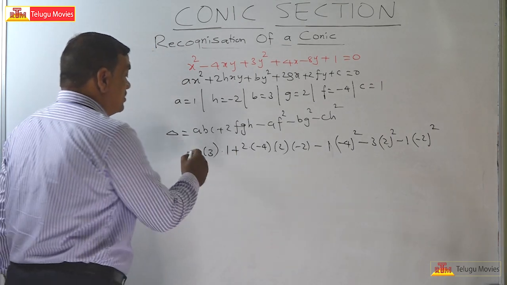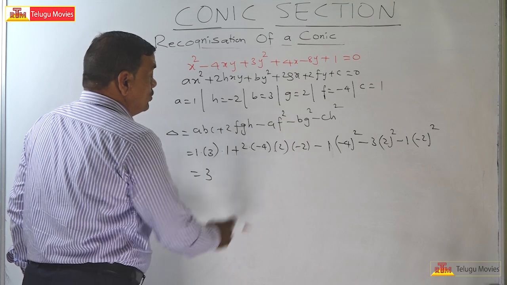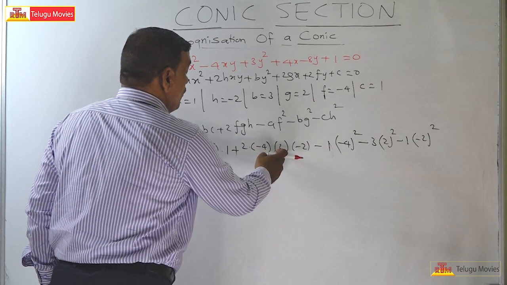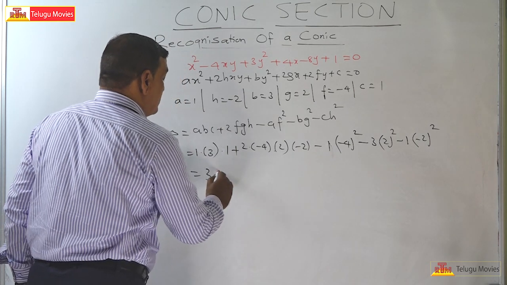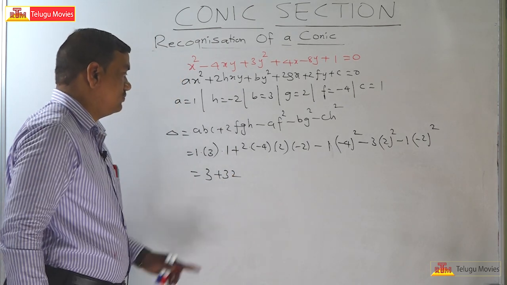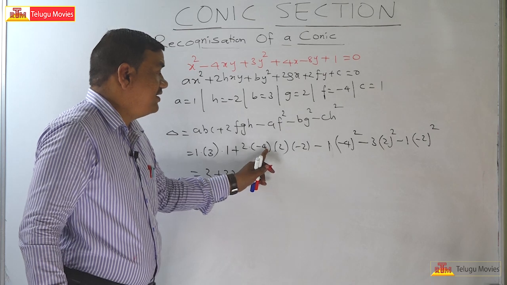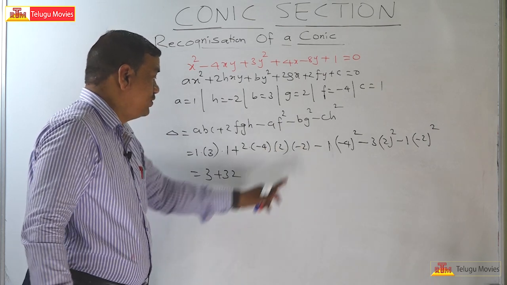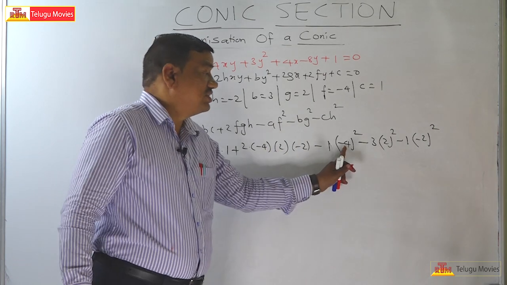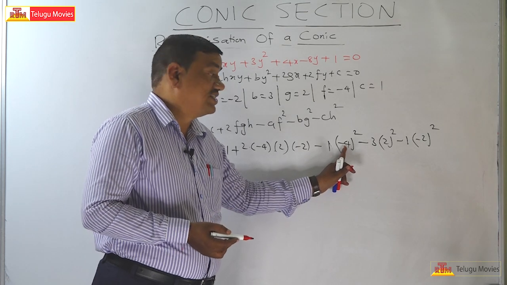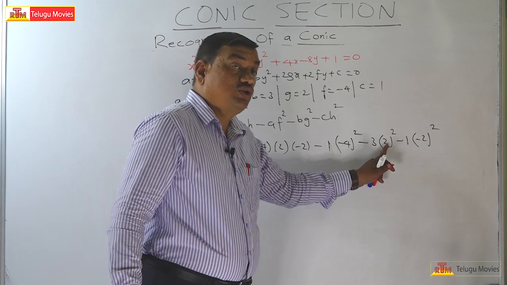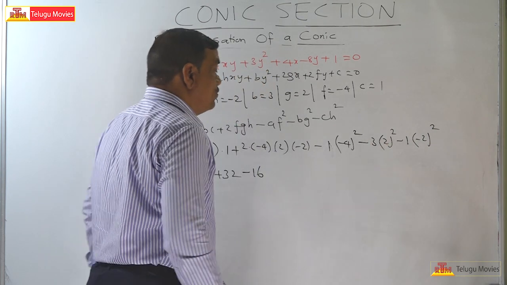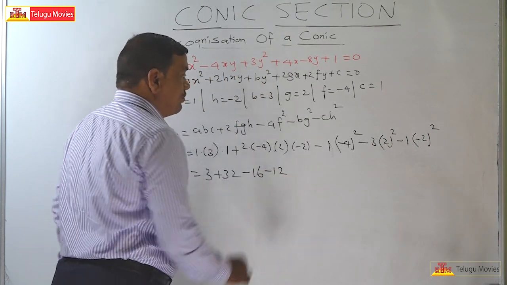So let us calculate this value. This is 3. 2 2s are 4, 4 2s are 8, 8 4s are 32, plus 32. 2 4s are 8, 8 2s are 16, 16 2s are 32, minus 1 plus 32. This is minus 4 whole square, which is 16, so it is minus 16. Then 2 square into 3 is 4 into 3, that is minus 12.